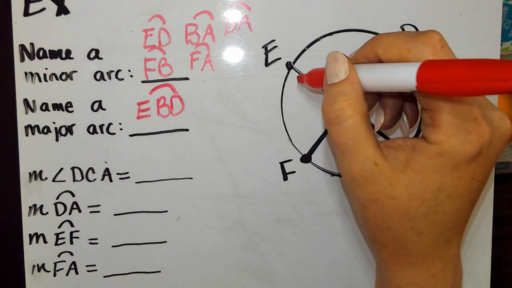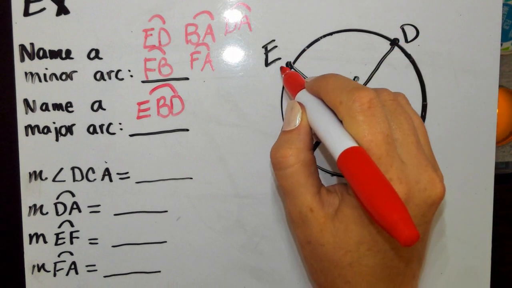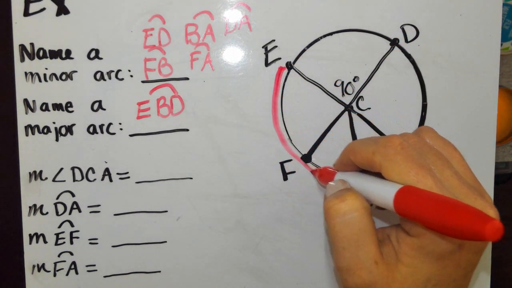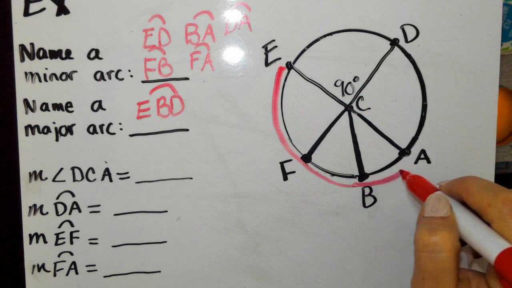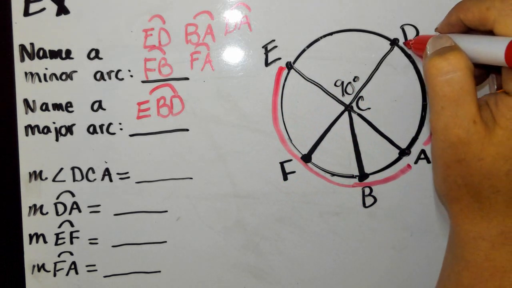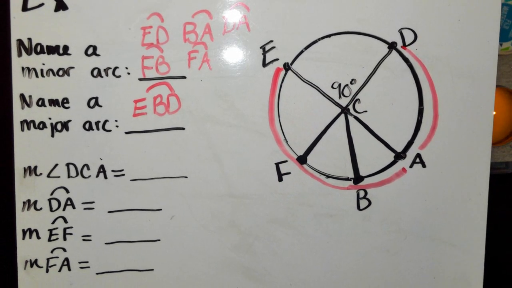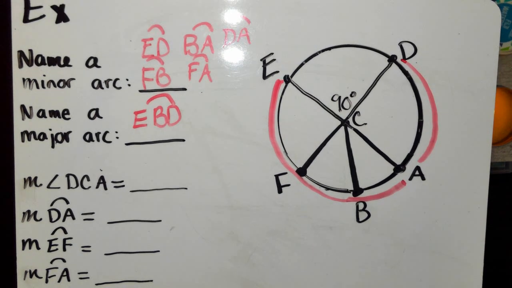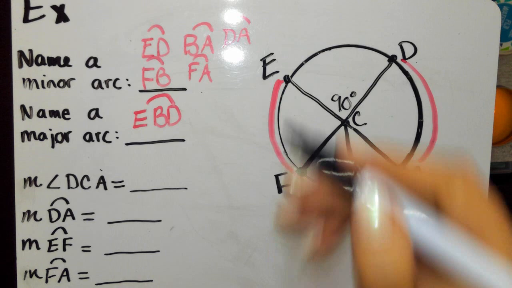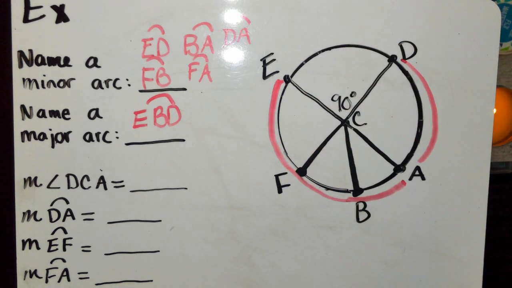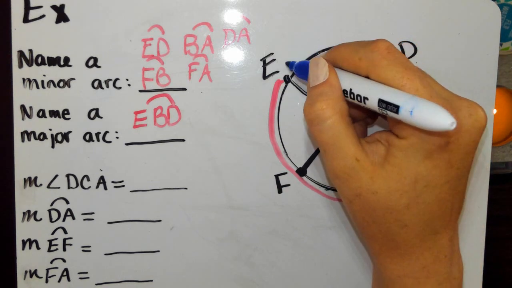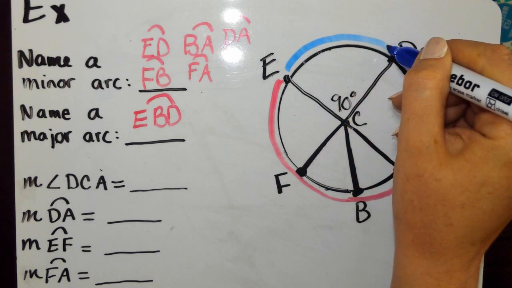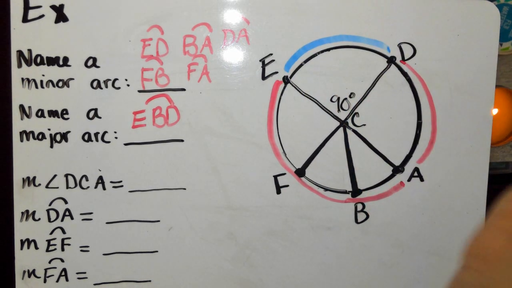That clarifies that I'm talking about going from here all the way around back to D. That's that major arc there, as opposed to the minor arc ED, which just goes from there to there.